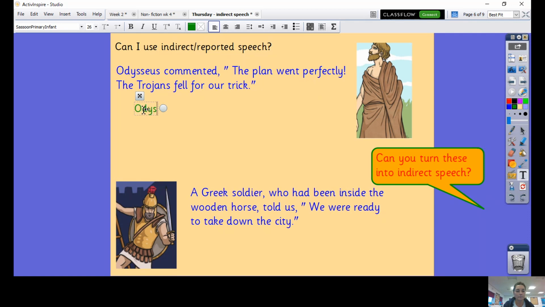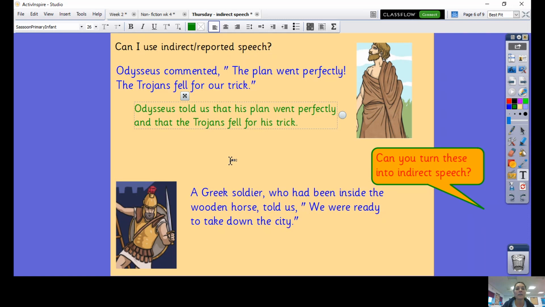Odysseus, we could have commented, we could keep that, or told us that his plan went perfectly and that the Trojans fell for his trick. So we are mentioning him and his, not I, because we are reporting what he has said.